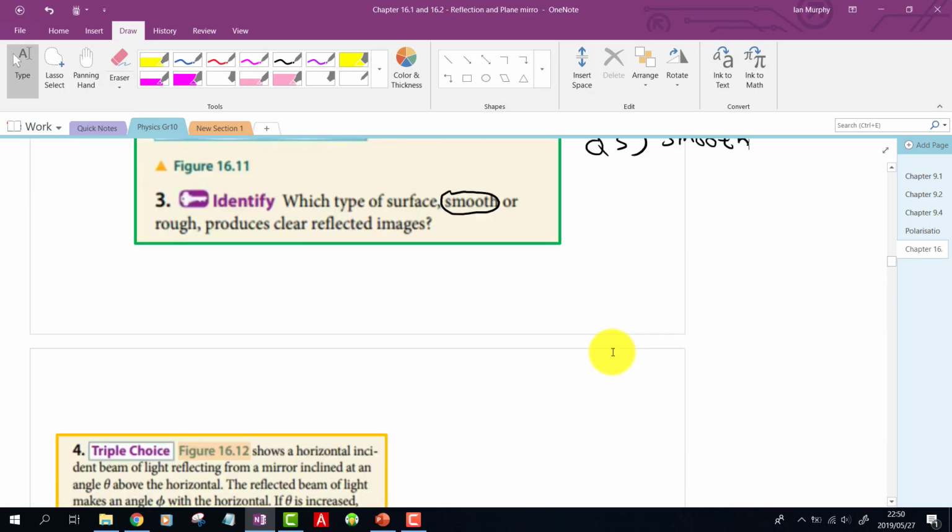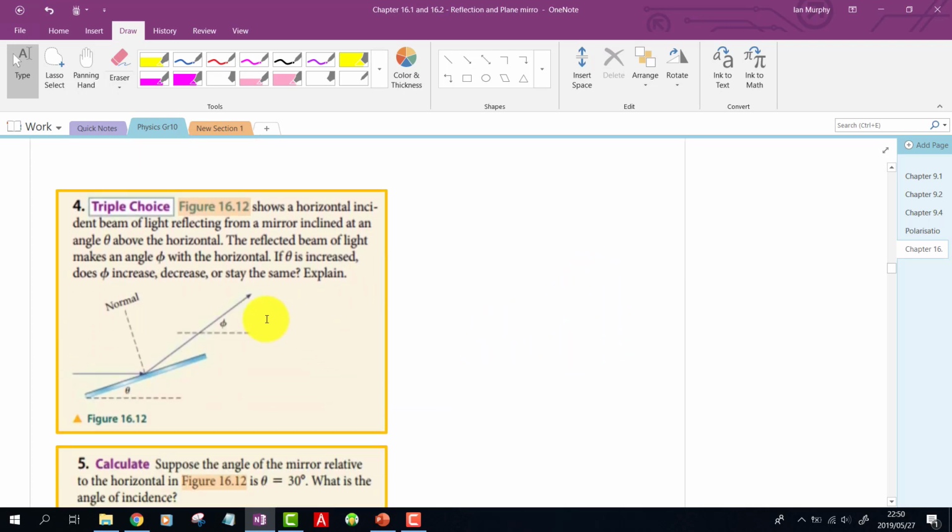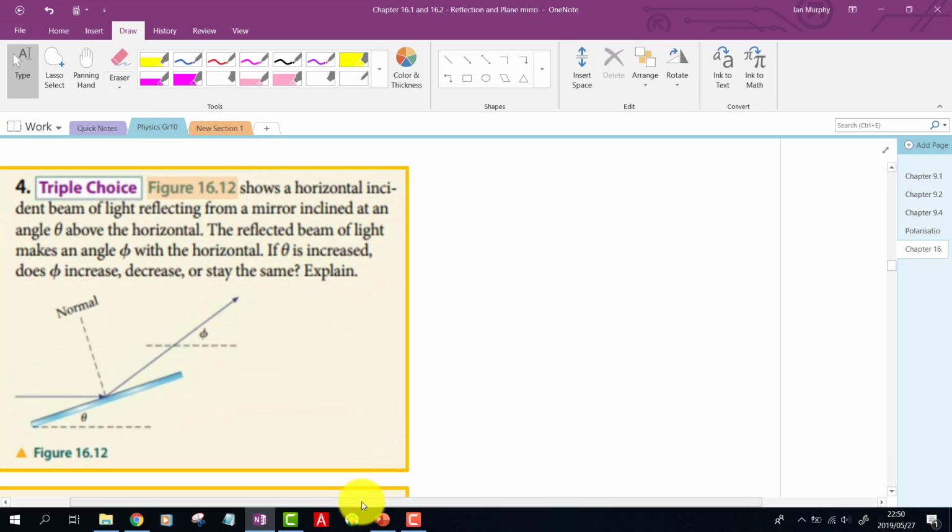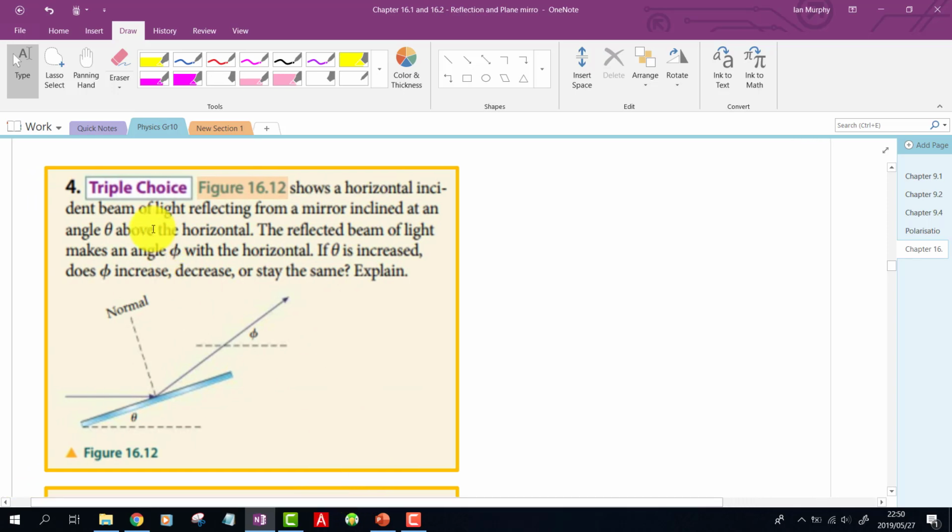Now we can look at a new question, question 4. We zoom in slightly. Question 4, triple choice. Figure 16.12, this diagram here, shows a horizontal incident beam of light reflecting from a mirror inclined at an angle theta above a horizontal. So we've got a light coming in here, and the mirror is at an angle theta to the horizontal, and that's the ray coming in.